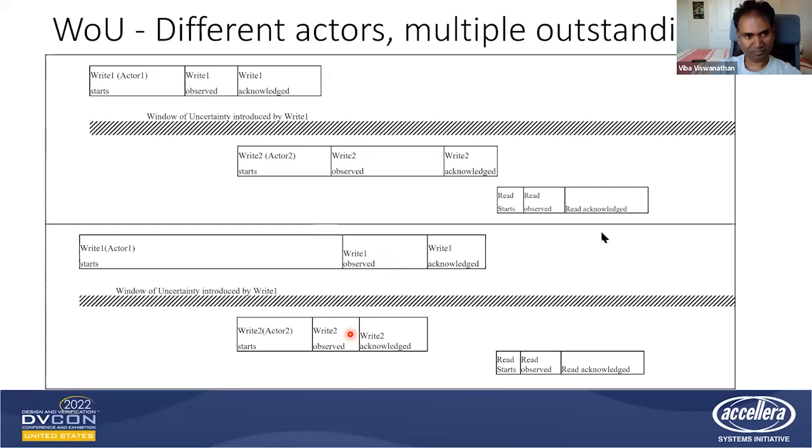Because of the different latencies experienced by write 1 and write 2, even though write 1 was issued before write 2, it could be the case that write 2 actually overtakes write 1 and writes into the memory, and then subsequently write 1 writes into the memory.